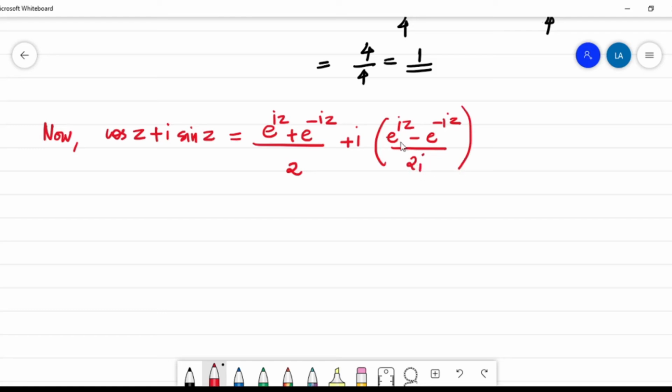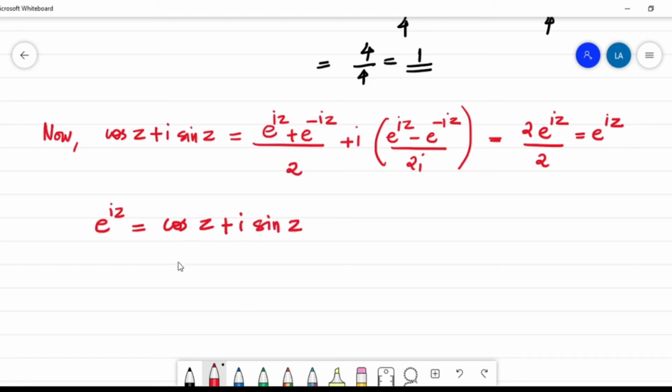This i and this i cancel out, and then you get 2 into e raised to iz divided by 2, which is equal to e raised to iz. This is again a property which we see in the real case as the equation called de Moivre's equation. So that property is also satisfied here.